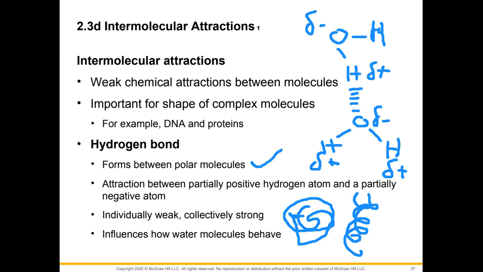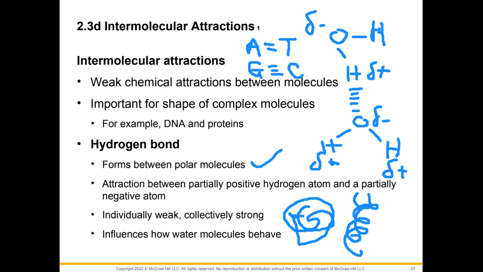AT, we're going to talk about nucleotides, adenosine triphosphate, has two hydrogen bonds with thymidine triphosphate, and guanosine triphosphate has three hydrogen bonds with cytidine triphosphate.